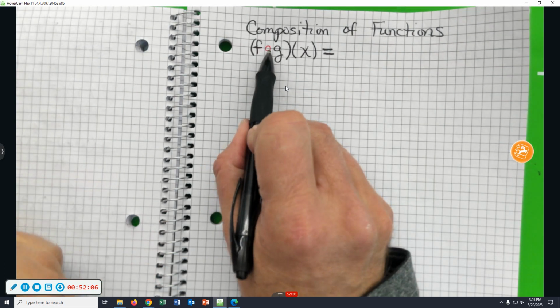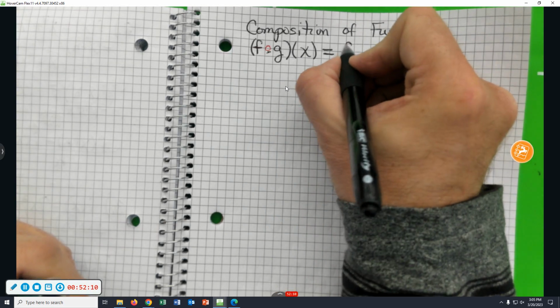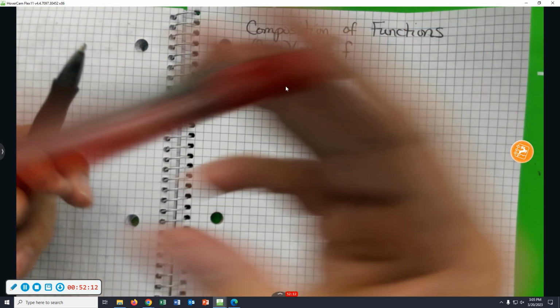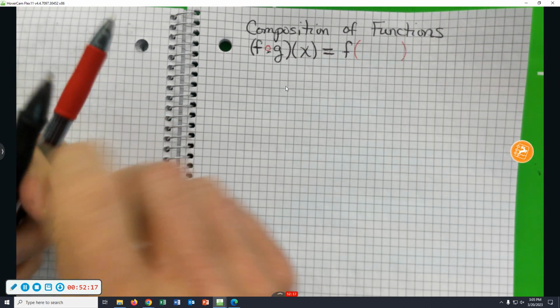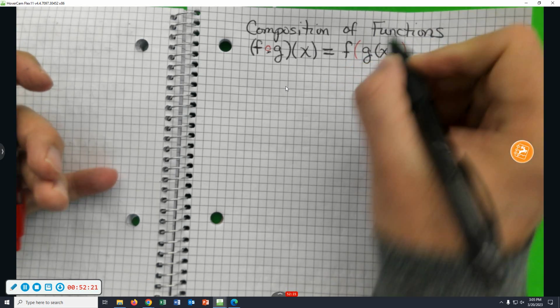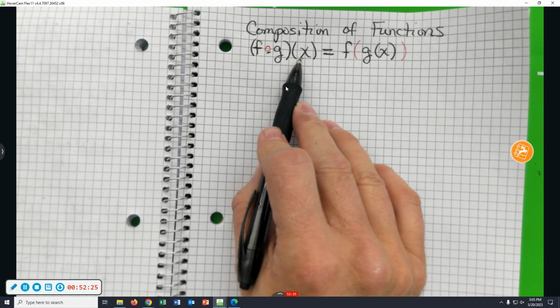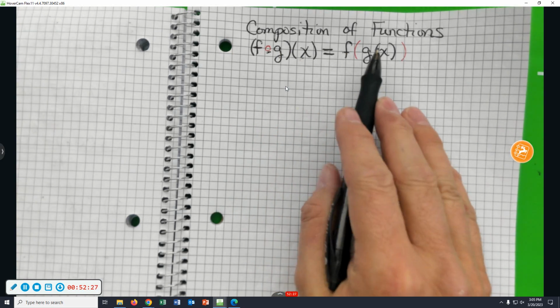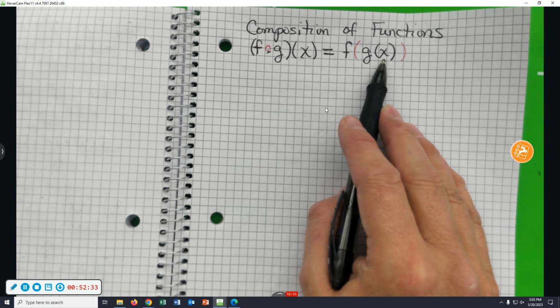I'm defining what that little circle means. That little circle is just being used in place of a big set of parentheses. f composed with g of x means f of g of x. You're plugging g of x into f everywhere there's a variable.